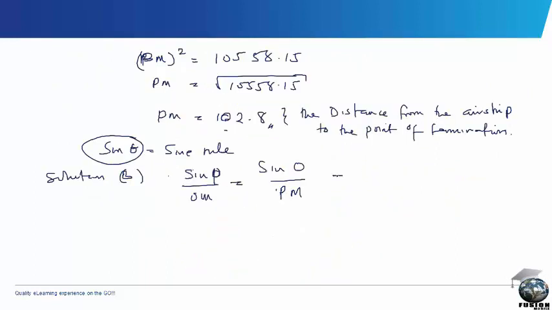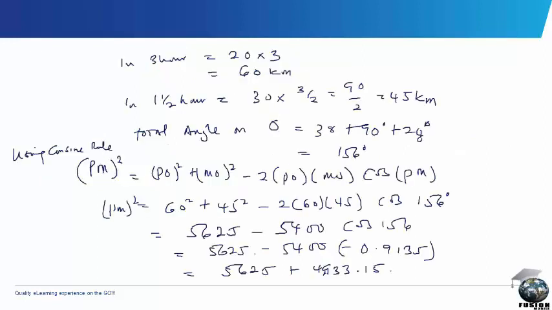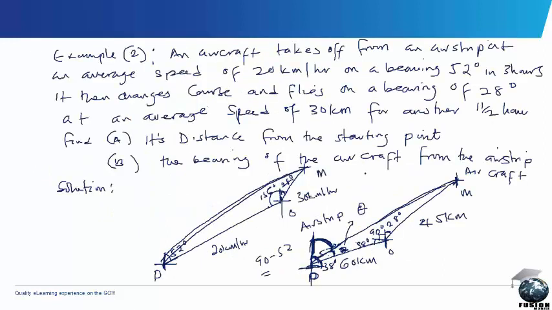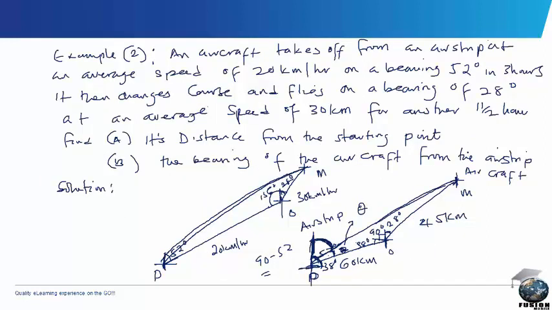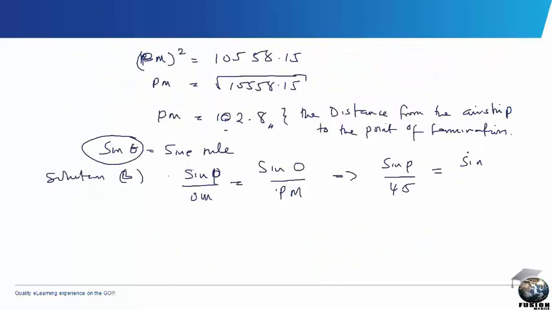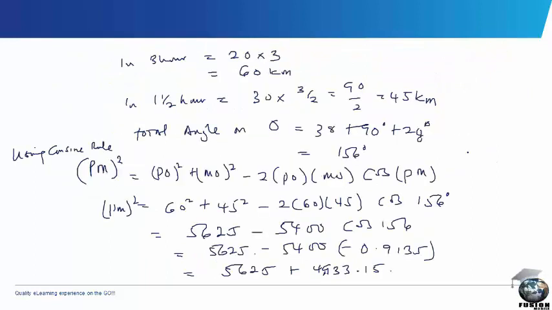This implies that we have sine P, the sine we are looking for, and OM. Let's check our diagram: OM is equal to 45 kilometers, over sine O. The angle at O is given as 156 degrees.